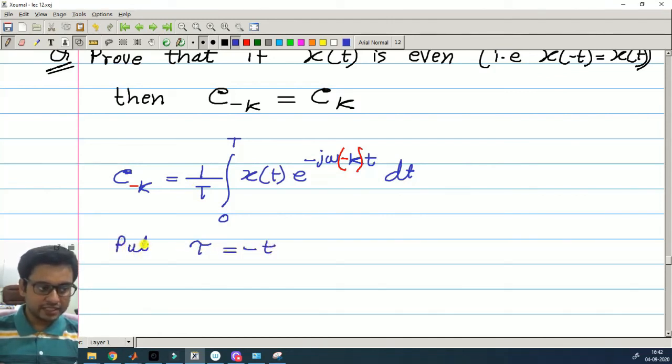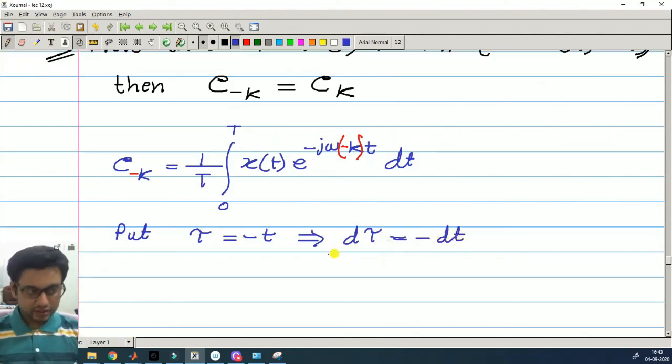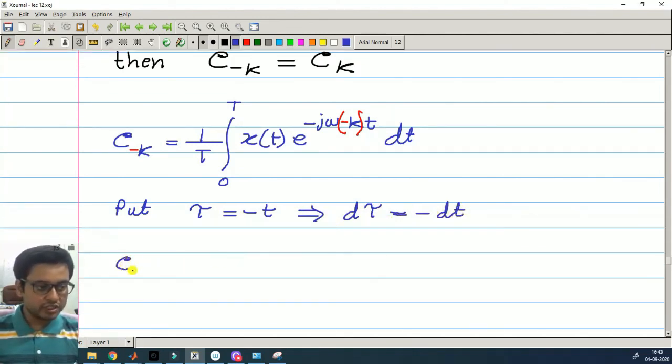So apply this change of variable so that d tau will be equal to minus dt, and therefore C minus k will be equal to 1 over T integration.